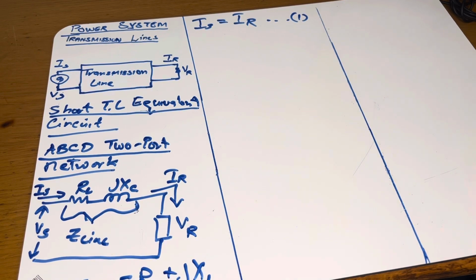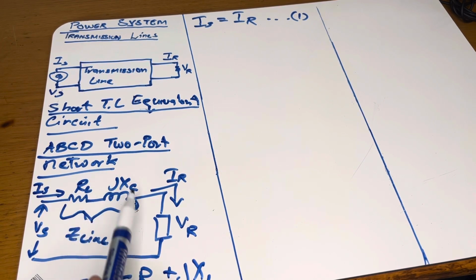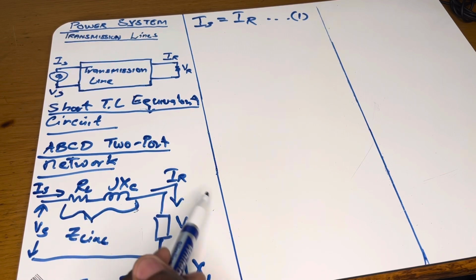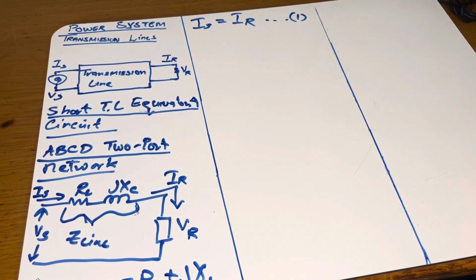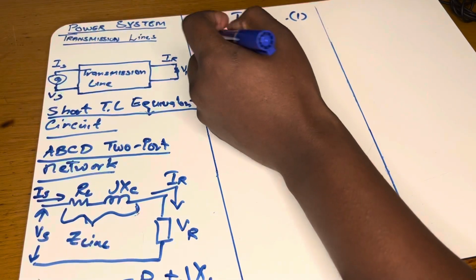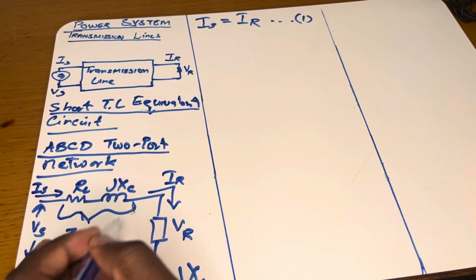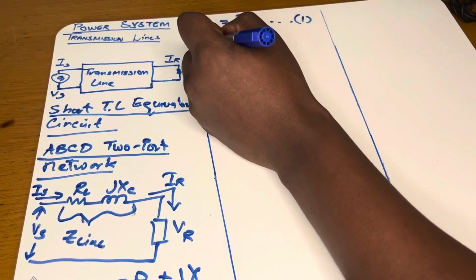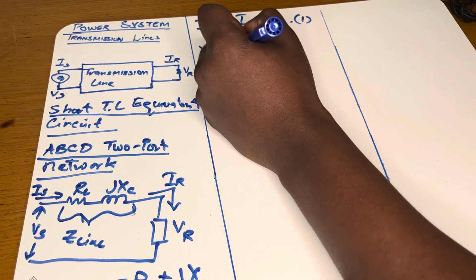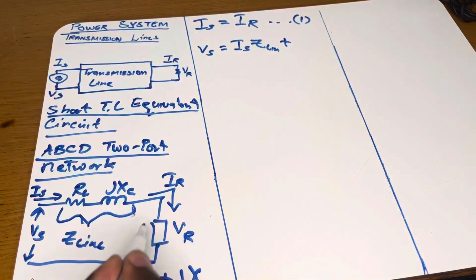So what is VS, the sending end voltage? VS will be the voltage drop caused by the impedance of the line, plus the receiving end voltage. This voltage drop will be IS times the impedance. So VS will be equal to IS times Z line plus VR.